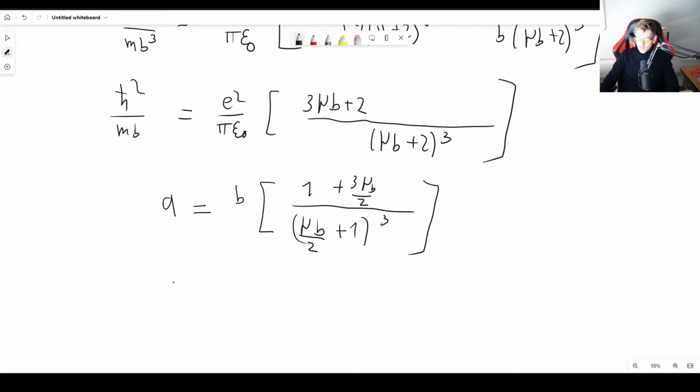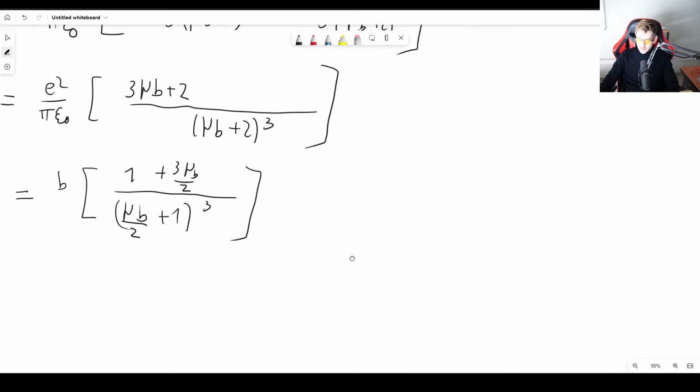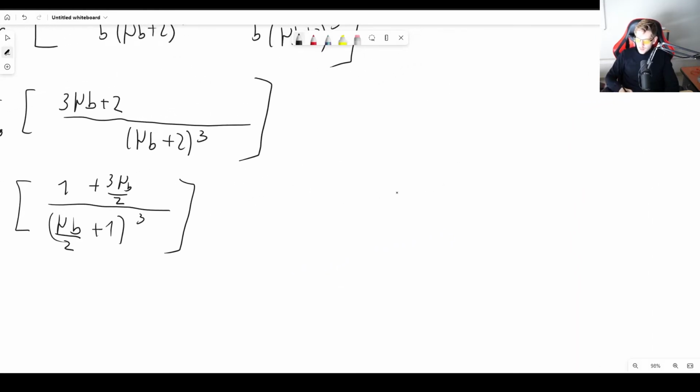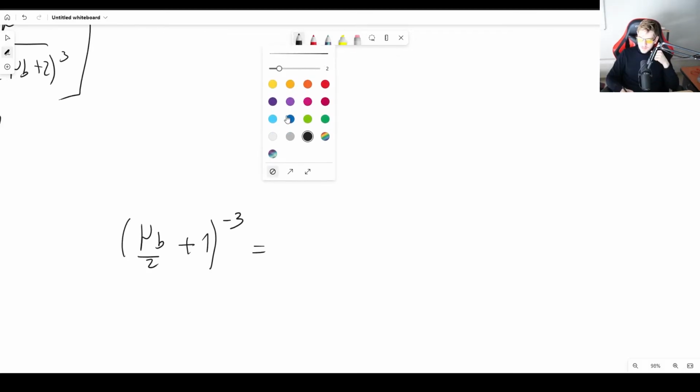Our first task, I'm going to do it to the side, will be to take this mu b over 2 plus 1, which is to the minus third power, and now we want to expand it. So how exactly does one do that? You might recall the formula of the binomial theorem, which is exactly what we have to use here. To expand this in general, we have to use the binomial theorem.